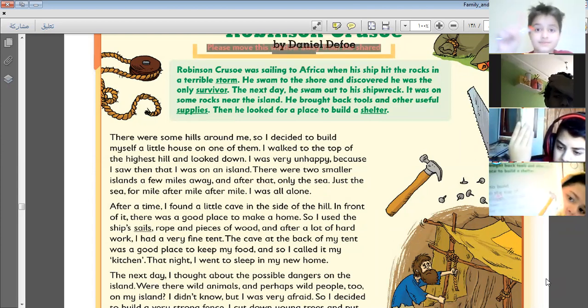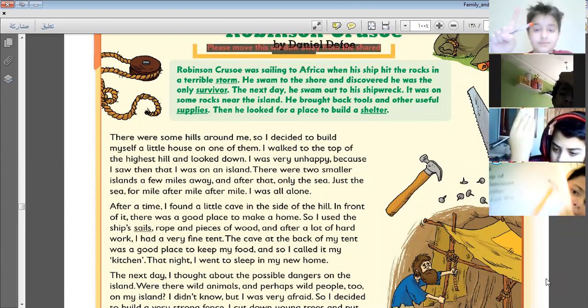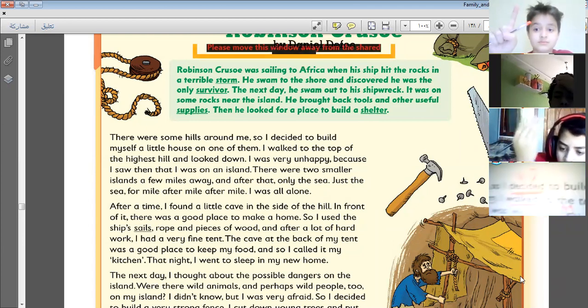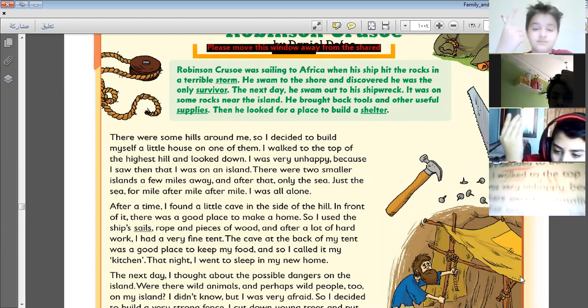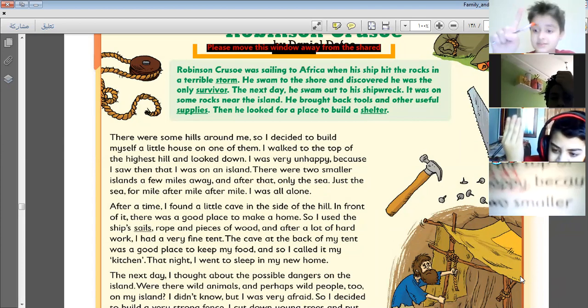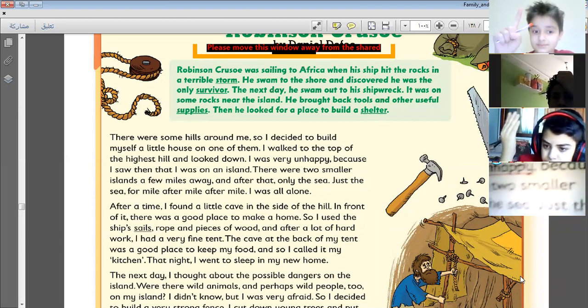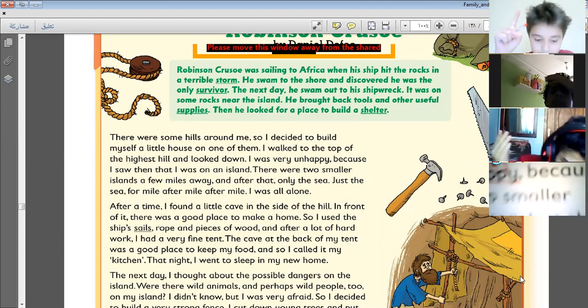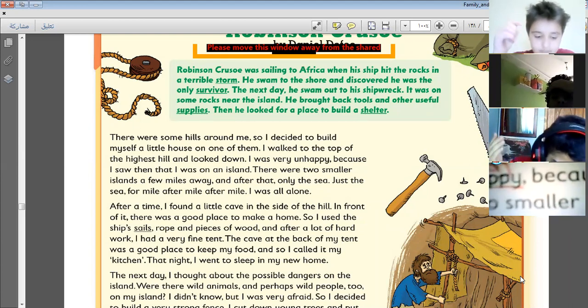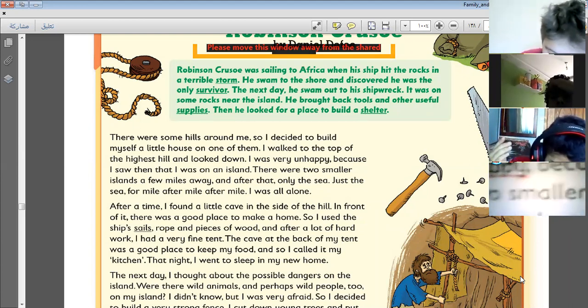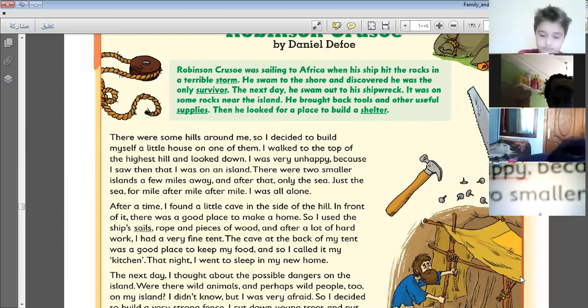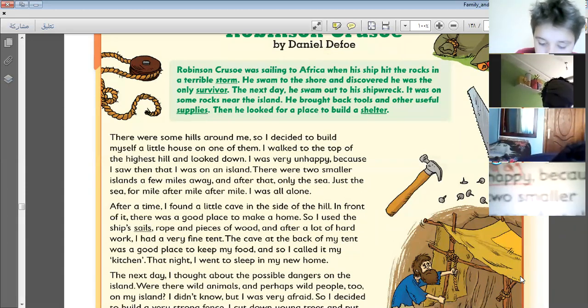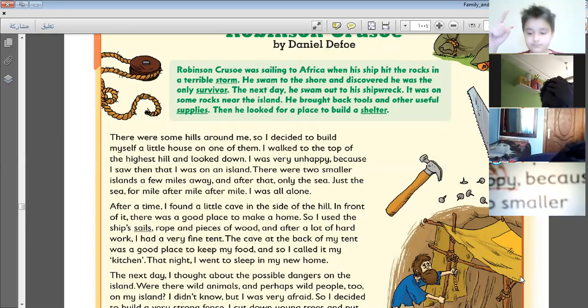Yes, I see it. Thank you. Let's organize. Now Hamad, from line 12 to 14, underline would. So you will start from after a time and your reading ends in would.